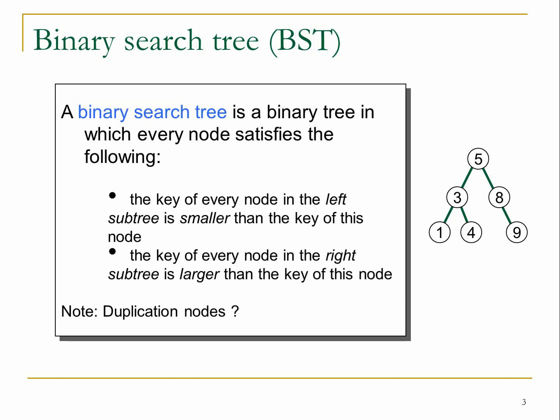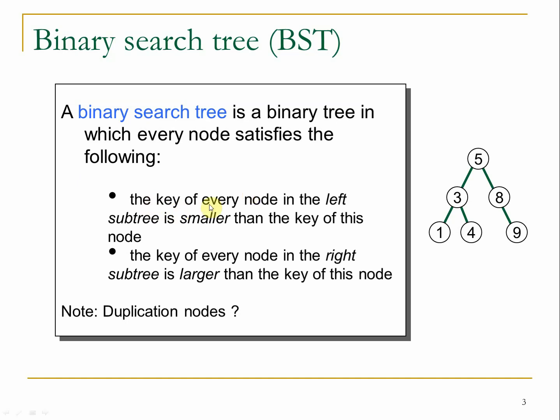What this is trying to say is that the key, which means the value inside of the node. Previously, when we were talking about a tree or a binary tree, there were no rules about what value we can put inside of the data part. But now we want to discuss it.